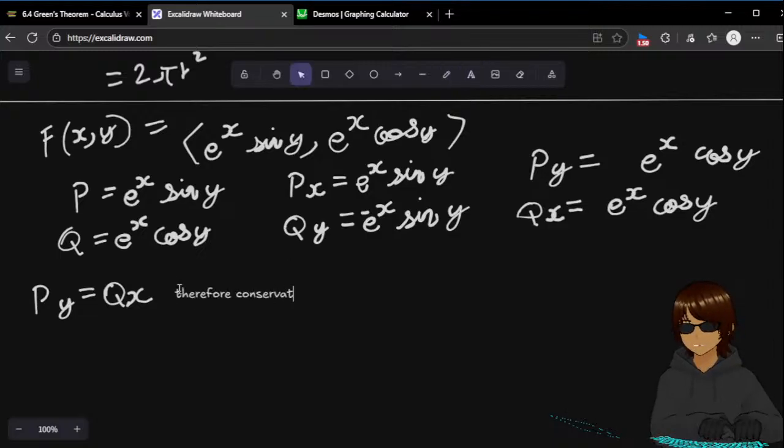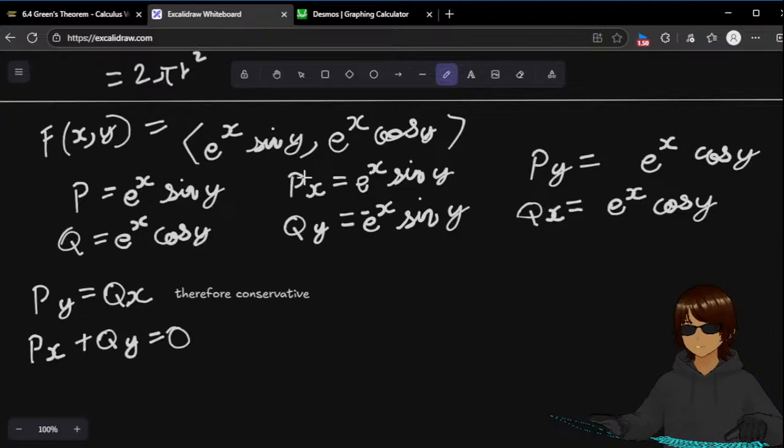Therefore, conservative. So that means there exists a potential function f. And then Px plus Qy is equal to 0. Therefore, source free.